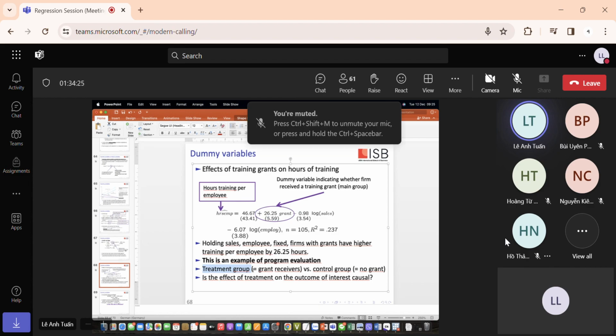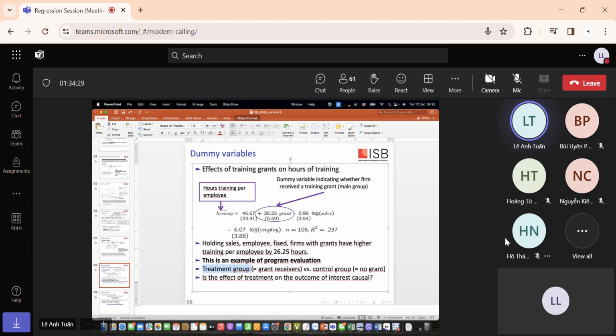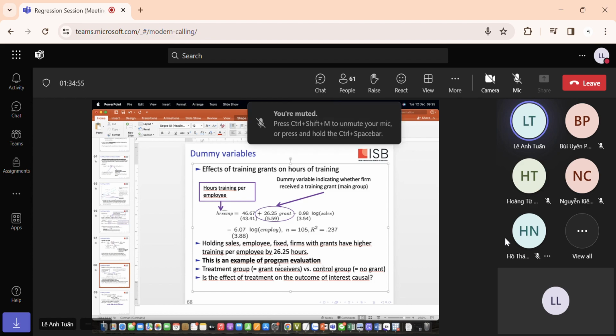For example, your firm receives the money but my firm does not receive anything, so the government would like to see the difference in the outcome, the training, between your company and my company. You receive money, so you are the treated group, and I do not receive any money, so I am the control group. This way they use a dummy variable to evaluate the policy change. So any question here?